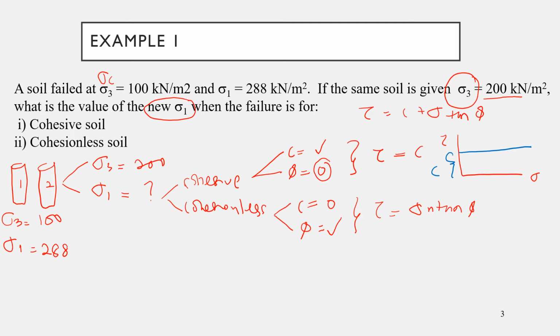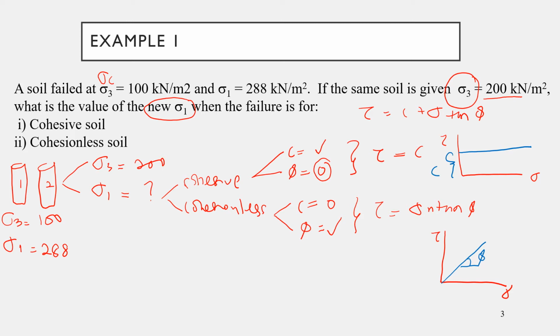On the other hand, for cohesionless soil, your Mohr-Coulomb diagram would be like this. So your failure line will intersect the origin, in which you only have the friction angle value.